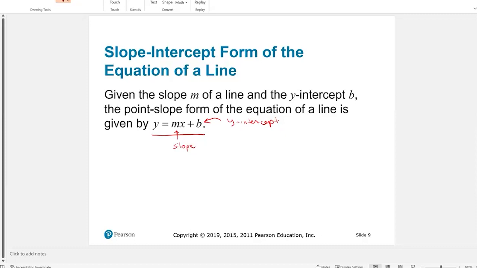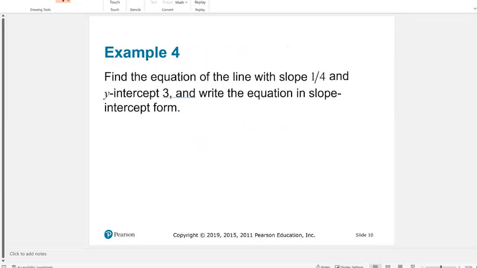So if you're asked for something in slope-intercept form, you need to know the slope and you need to know the y-intercept, and that's an easy thing to do. You can even change point slope into slope-intercept by just solving for y, because that's all the difference is, okay?